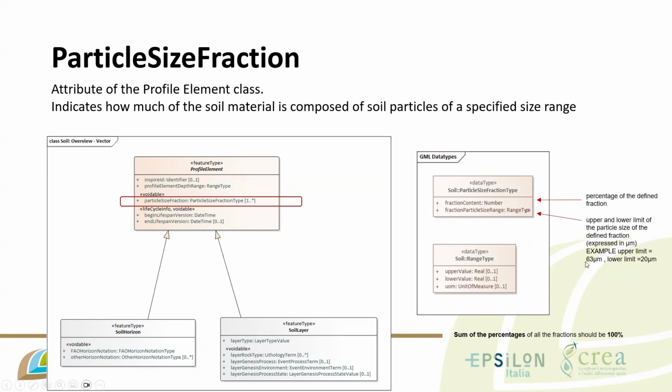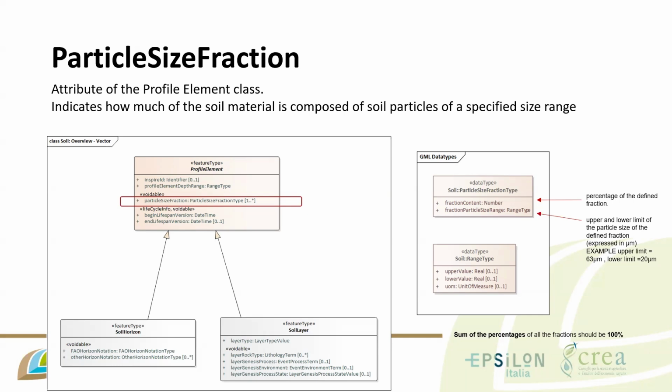The first sub-element is the fraction content, which is a number and indicates the percentage of the defined fraction. The second sub-element is the fraction particle size range, which is in turn a complex data type. So it is made of upper value, lower value, and unit of measure.